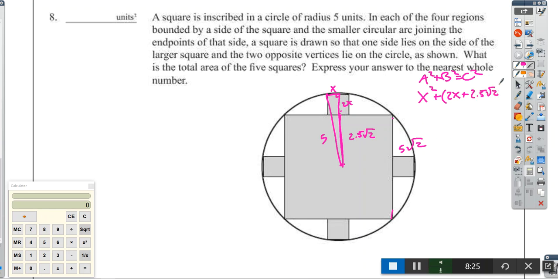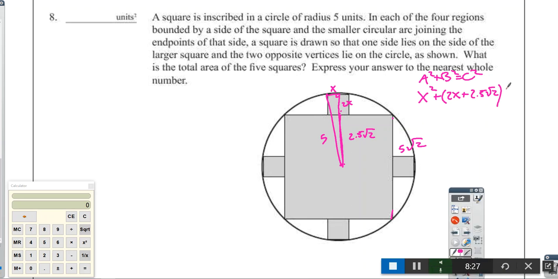And finally, c squared is 25, 5 times 5 is 25, right? So now this is where things get really kind of difficult. So this squared means 2x plus 2.5 root 2 times itself, 2x plus 2.5 root 2.